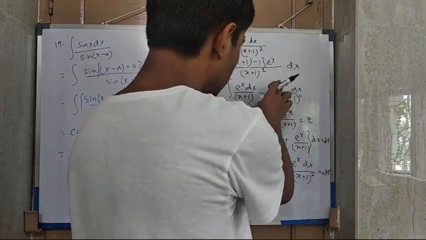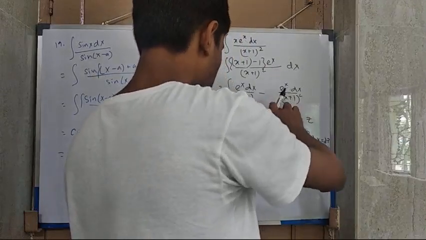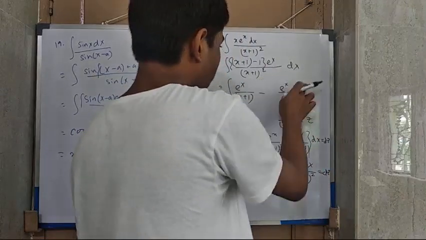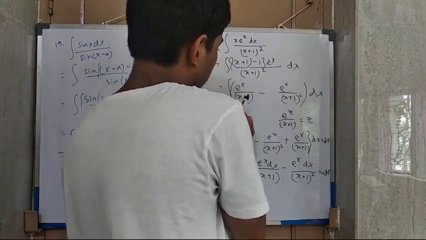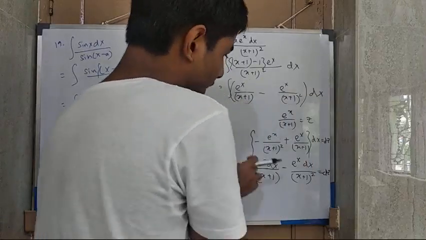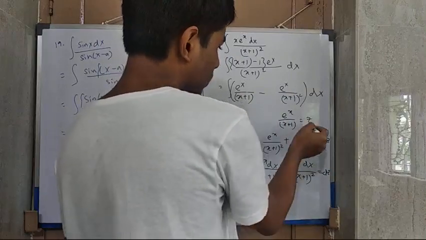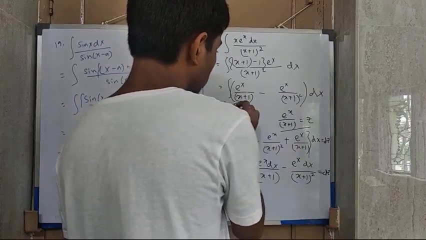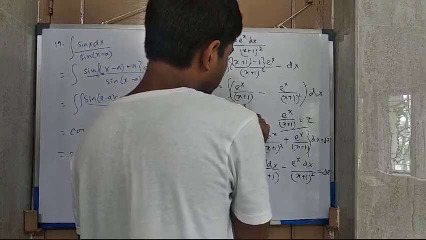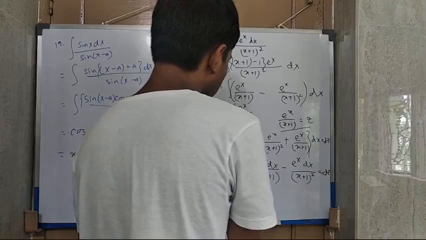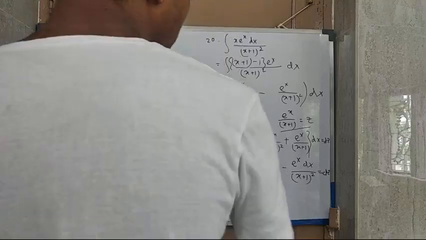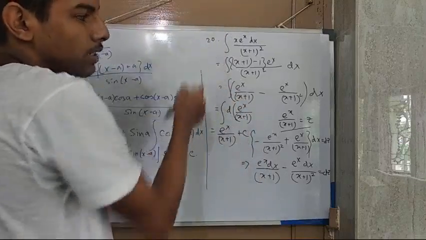This is actually the same format, so it is d of e to the power x by (x plus 1). So the answer is e to the power x by (x plus 1) plus c. This is our final answer for the 20th question.